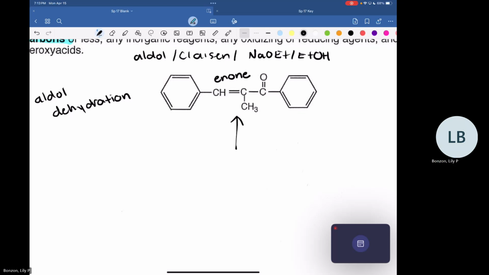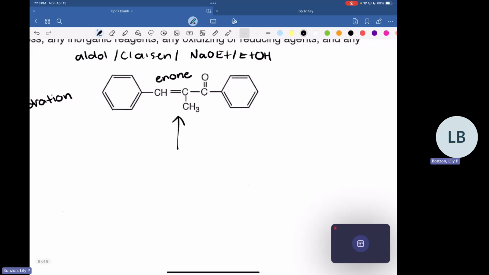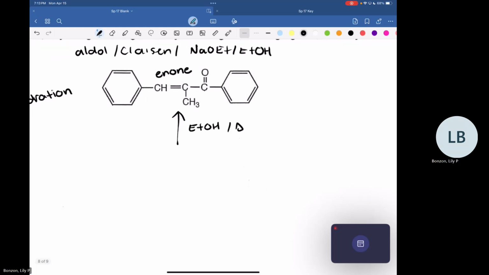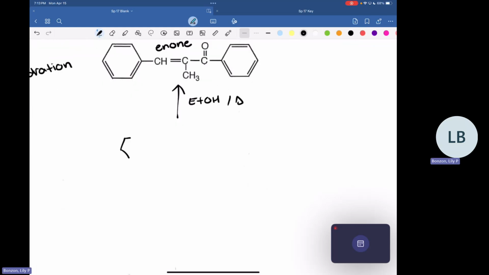So going backwards, the first step that we have is just going to be EtOH and heat. And so from that, we're going to get the product of the aldol reaction, which is going to be an alcohol, and then a ketone over on the right.